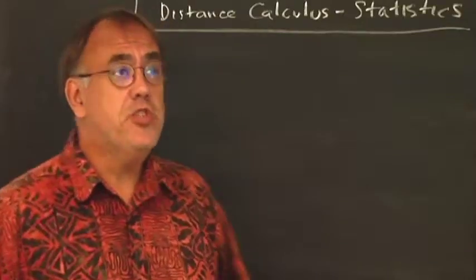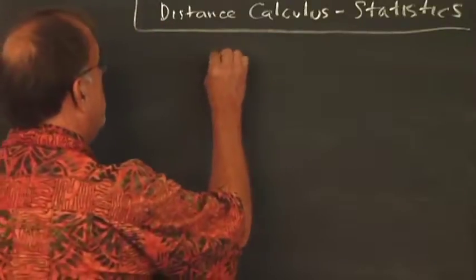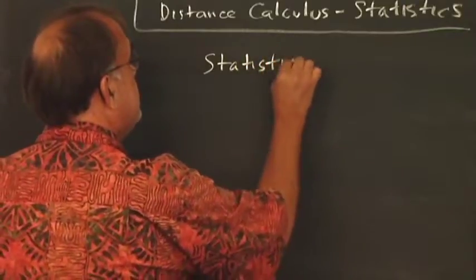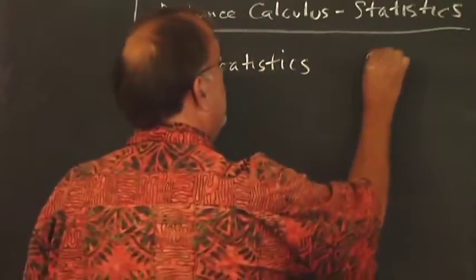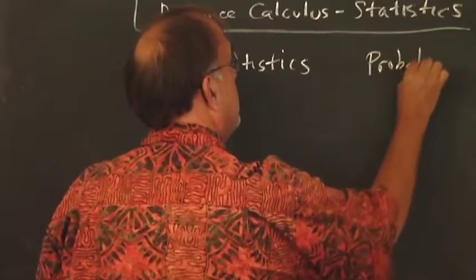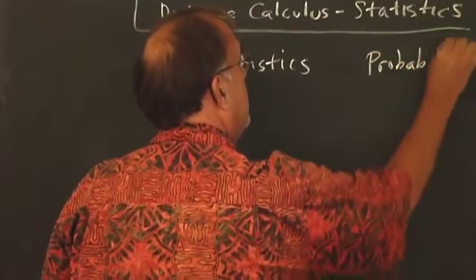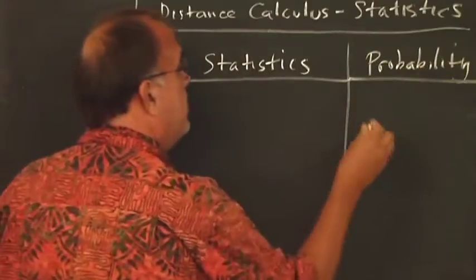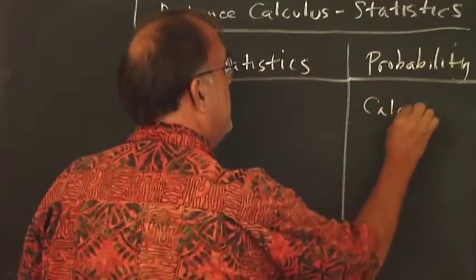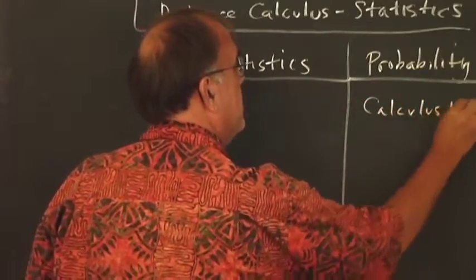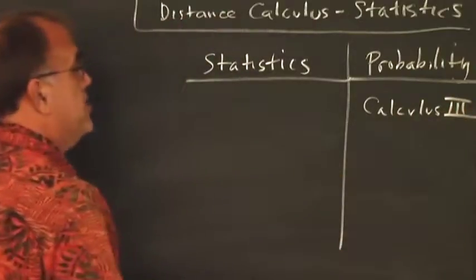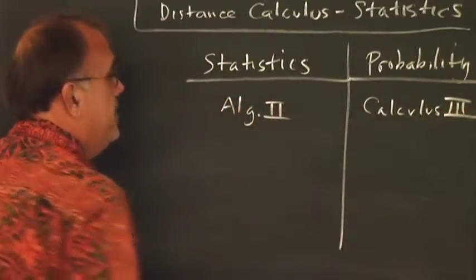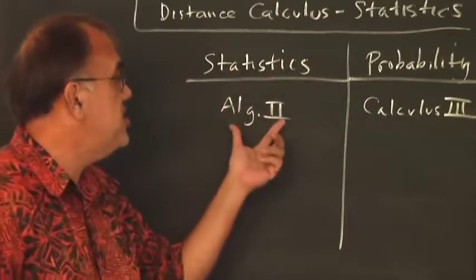Now, the first thing I should talk about is that we have two statistics courses. The higher course is called probability theory, and this has a calculus 3 prerequisite. Our lower course has an algebra 2 prerequisite, the statistics course.